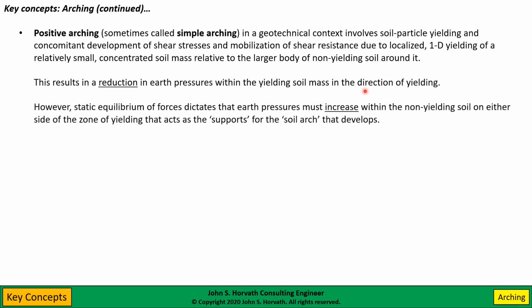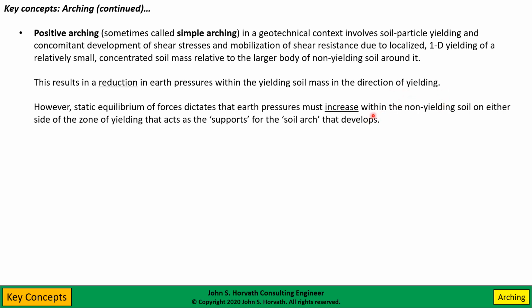It's important to understand that load just doesn't disappear. Static force equilibrium dictates that if you reduce the earth pressures in one place, you have to increase them someplace else to balance out the forces.